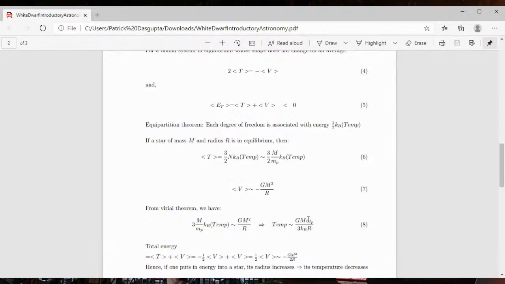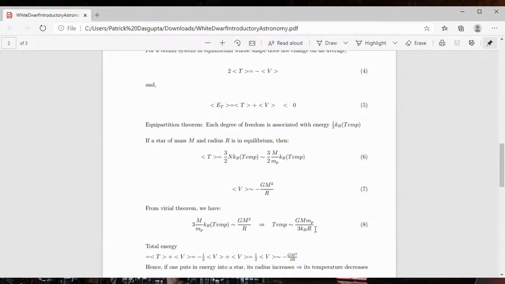Since a sun-like star becomes very large, temperature has to come down, and hence from Wien's law of blackbody radiation, the wavelength will become longer, and that's the reason why the surface of the red giant star appears red.